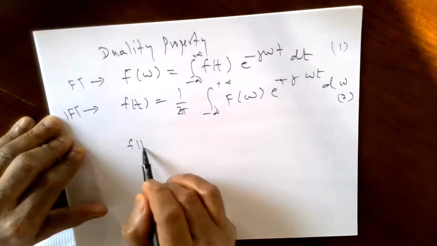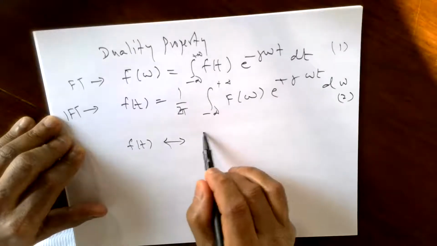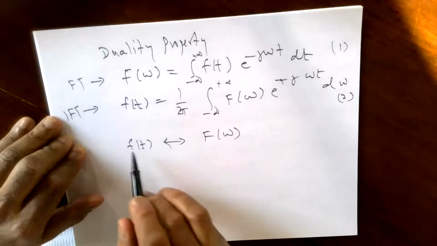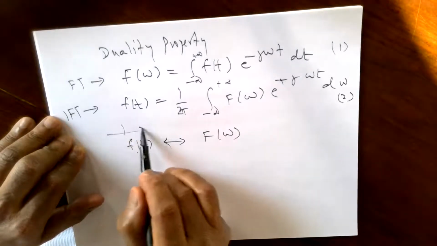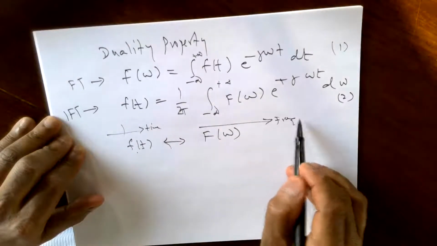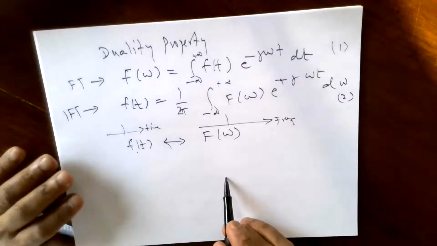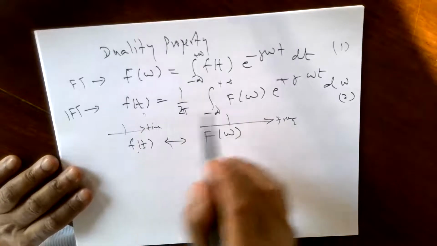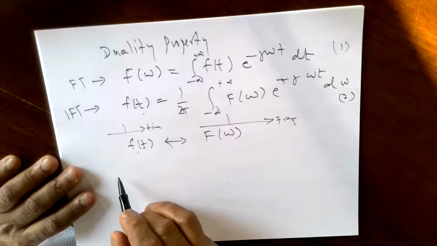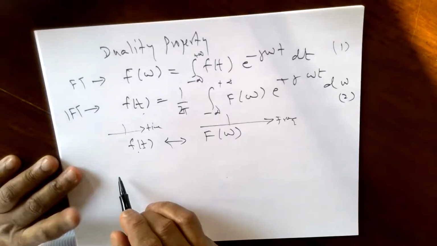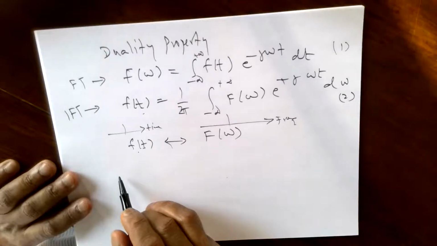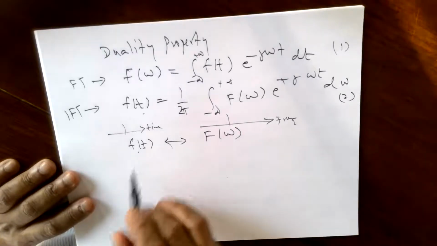Generally the first relation is shown like this, and these two relations are shown like this. This means f(t) in the time domain and F omega in the frequency domain form a Fourier transform pair. Now look at what I'm going to do. I'm going to take the second expression and rewrite it this way.